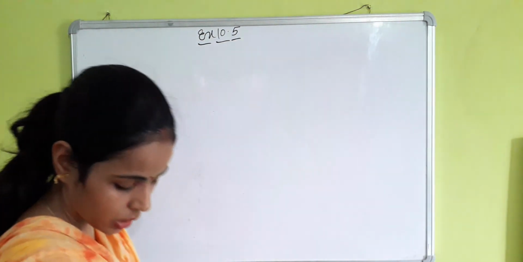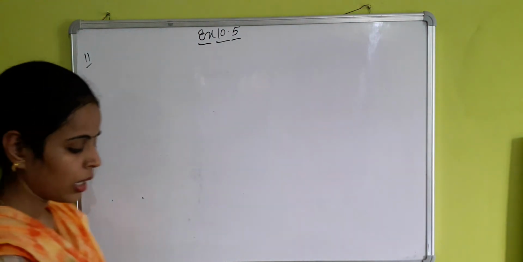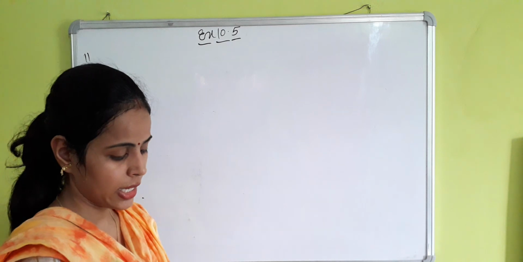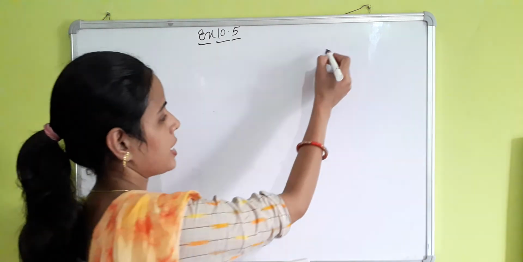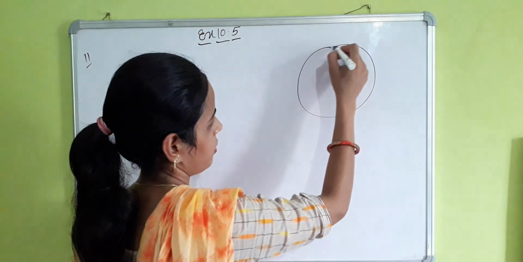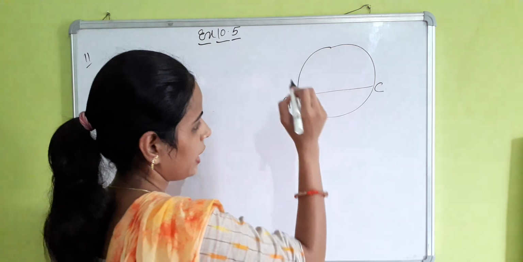Question number 11 is that ABC and ADC are two right triangles with common hypotenuse AC. AC is common hypotenuse in triangle.